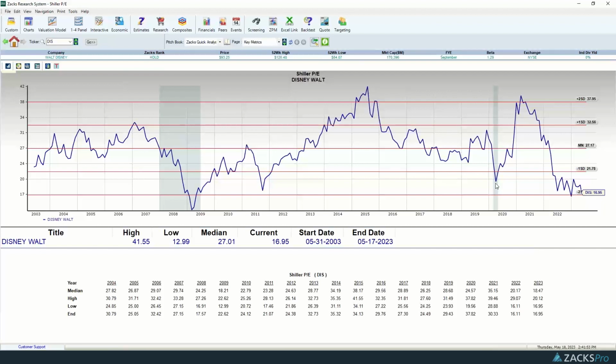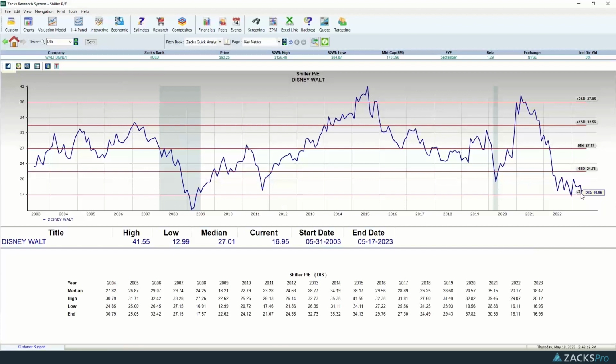So again, if you believe that Disney is the category leader, and if you believe that Disney is going to continue to lead in culture, in entertainment, in media, in online streaming, everything that they do, as well as Disney parks and recreation, if you think that the company will continue to dominate those areas that they have excelled in for the past 100 years, then Disney right now is a terrific buying opportunity.